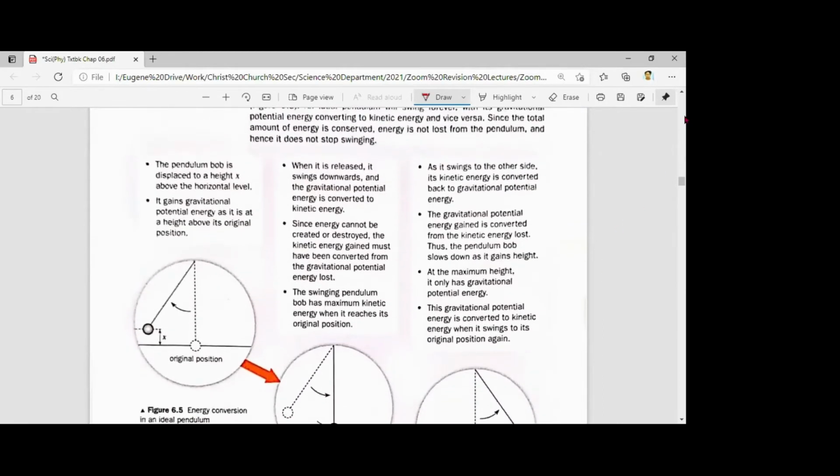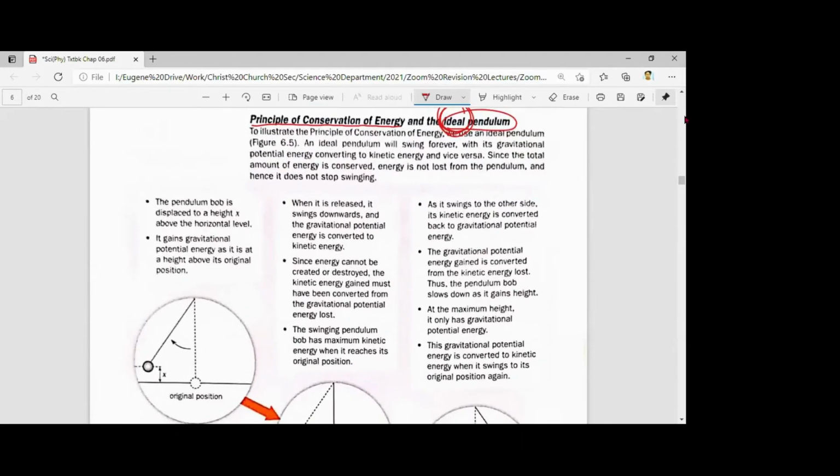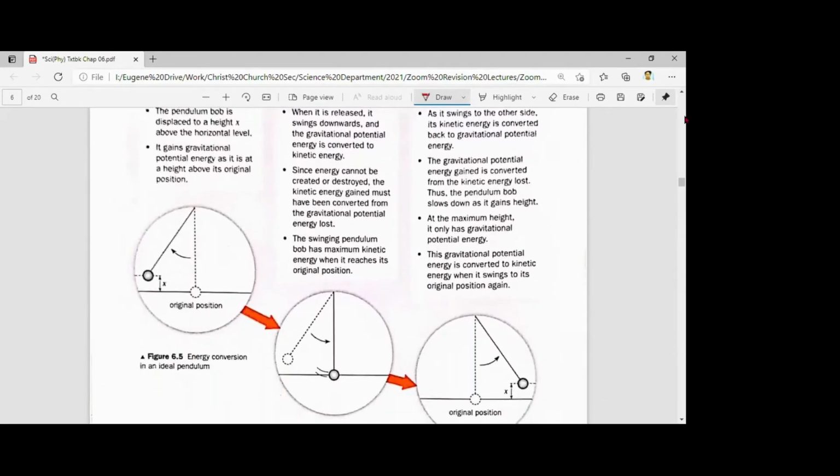So how do we apply POCO, the principle of conservation of energy, to this? First, your pendulum is down here. I raise it up to a height of X, so it has been raised to this amount of GPE. Once you let it swing, it goes down.